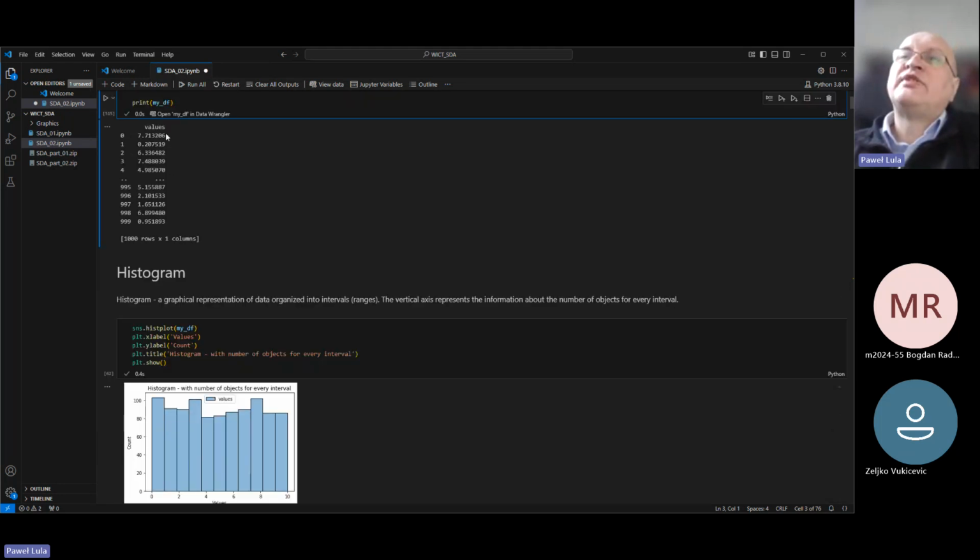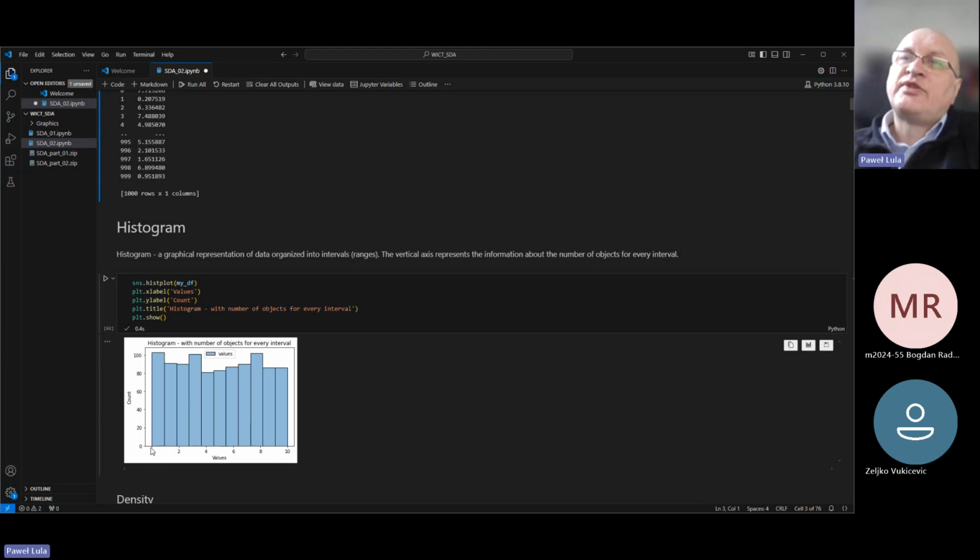For example, in this data set, the number of values from the interval from 0 to 1 is about 100. I think above 100, maybe 105, 110. And for every interval, we can calculate the number of values belonging to this interval. And in this way, we created a histogram.